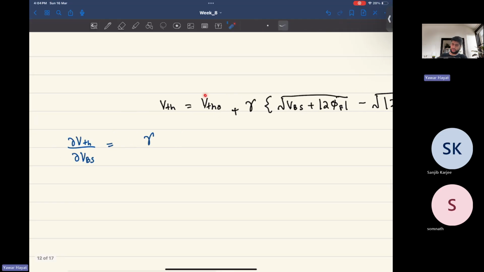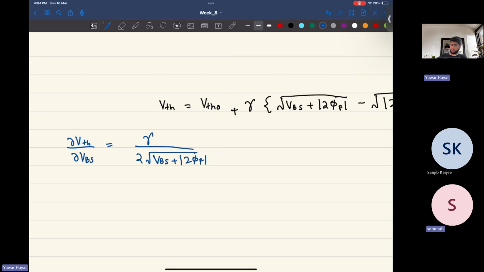If you take the derivative of this with respect to VBS, this is a constant, right? So this won't come, this will come: gamma over 2 square root of (2 phi B plus VBS).